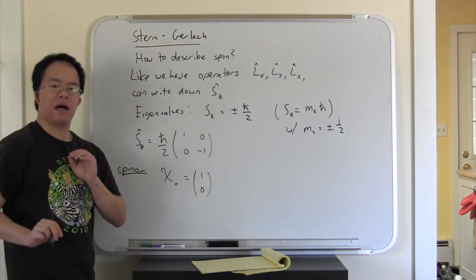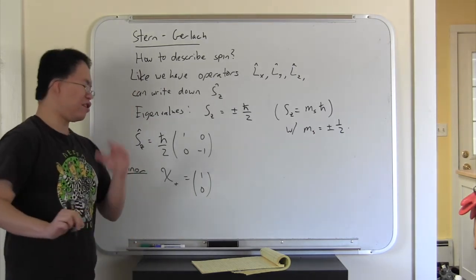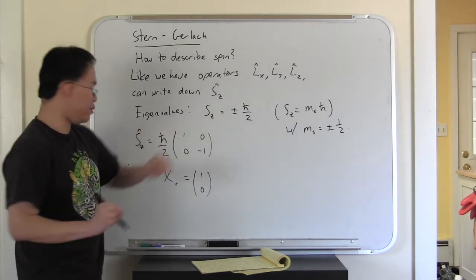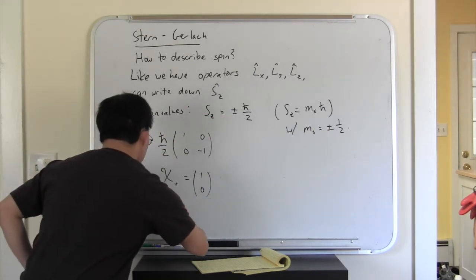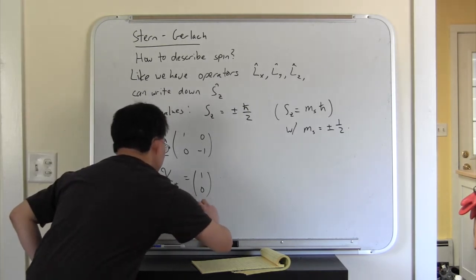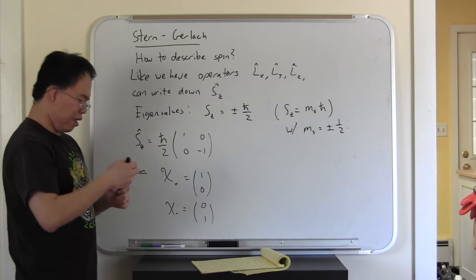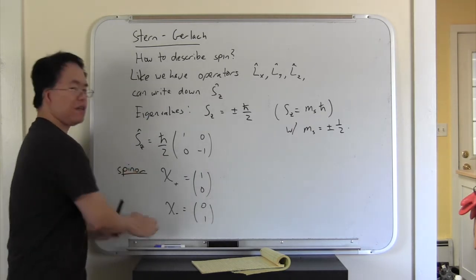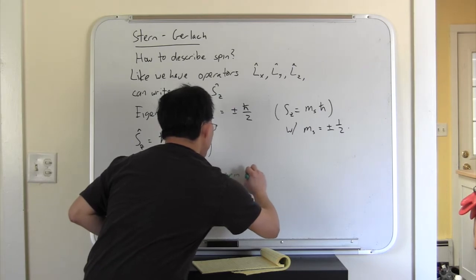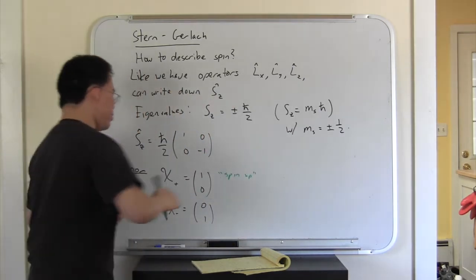The eigenvector corresponding to the eigenvalue minus h bar over 2, I'll call chi minus, and that turns out to be 0, 1. Colloquially, we call this spin up, and we call this one spin down.